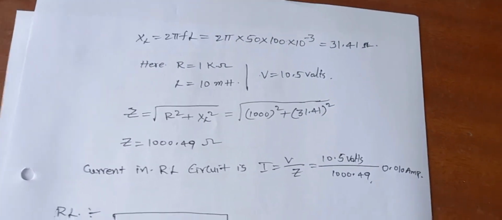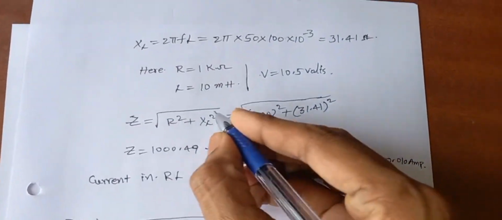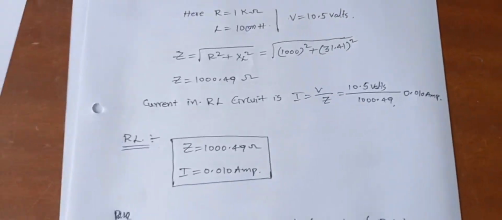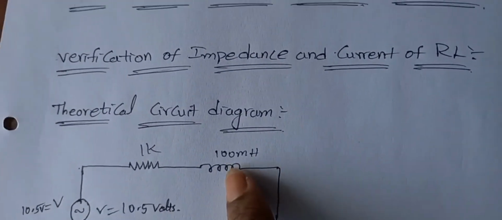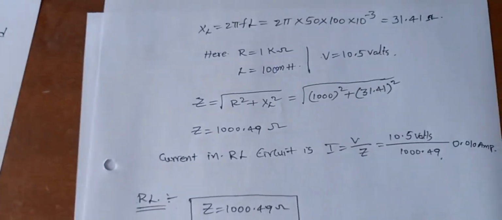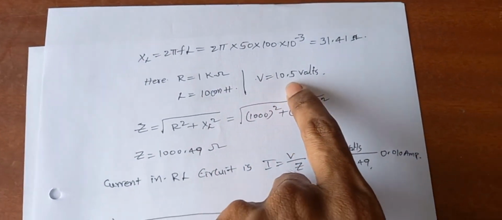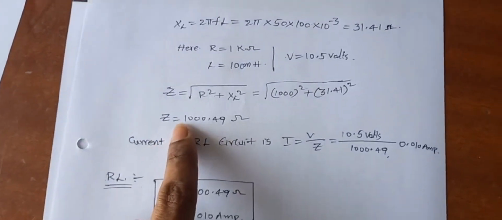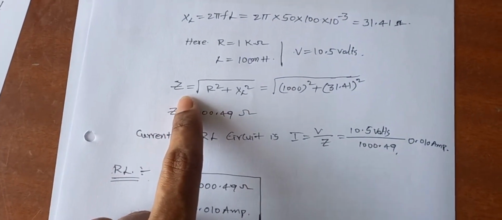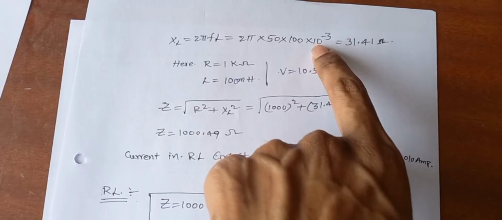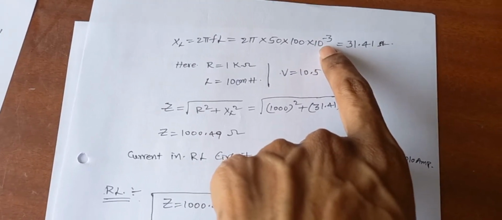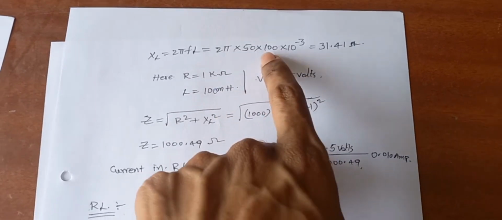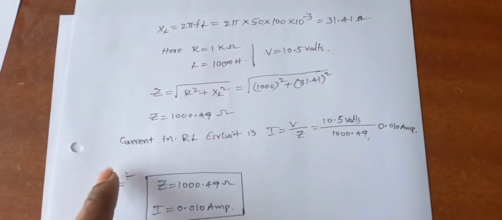By mistake I have written it wrongly. And here V is equal to 10.5 volts. We have taken 10 to the power of minus 3 because it is in millihenries, so 100 into 10 to the power of minus 3.